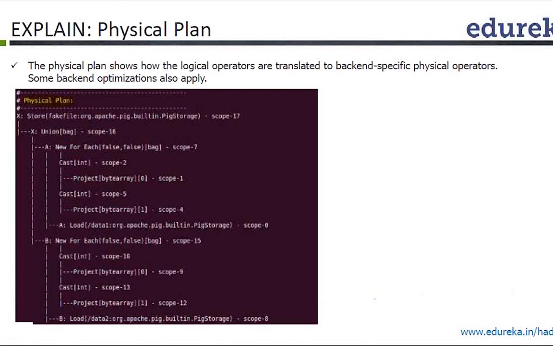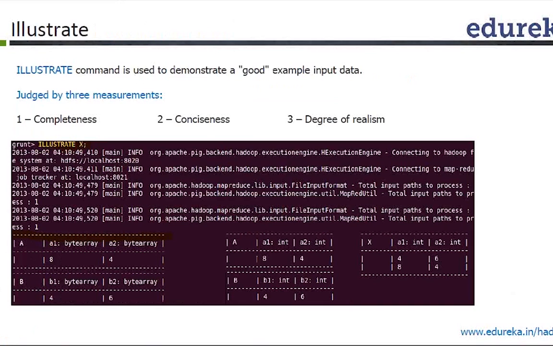And with the illustrate, as I was telling, you can see the whole data flow, how the data is going to be picked up by the different relations. As you can see here, it will take the data set from both A and B, and then it will show how the data is getting transferred.